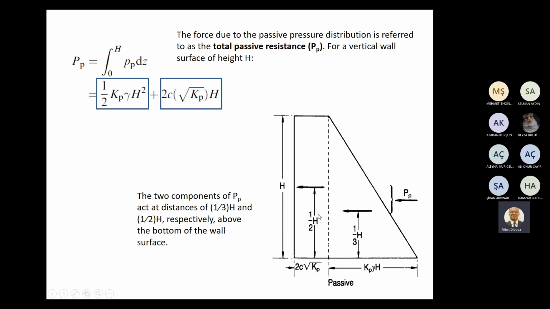For the rectangular component, the application point is 1/2 of h. For the triangular component, it's 1/3 of h. So the combination of these two components will be around here, between these two levels.